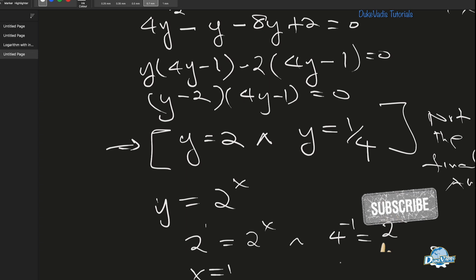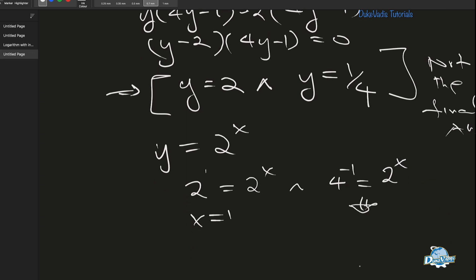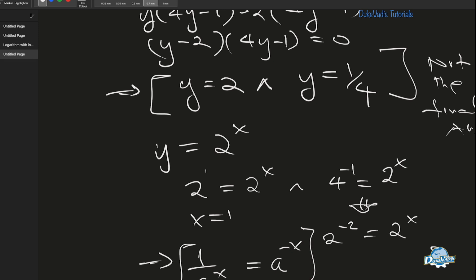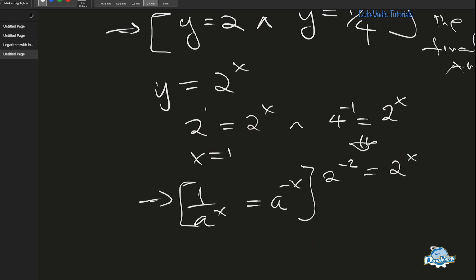And here, for this, we can say that 2 raised to the power negative 2 is equal to 2 raised to the power x. Remember, 1 over a to the power x is the same as a raised to the power negative x. That's a property of indices. Okay, so therefore x is equal to 1 and x is equal to negative 2 is the solution.